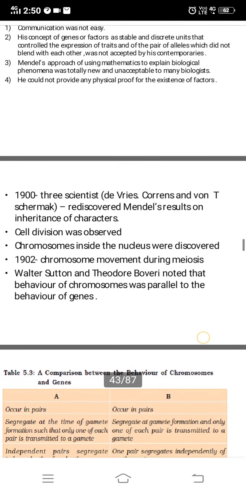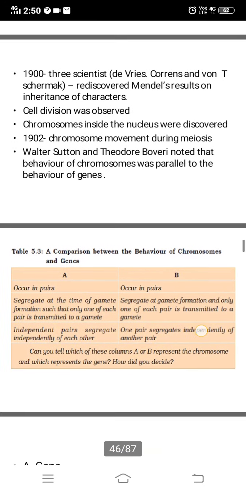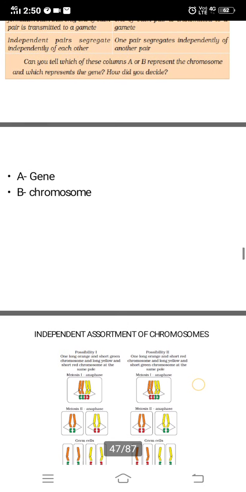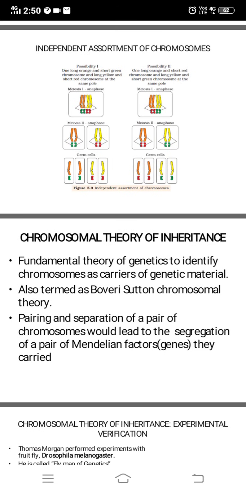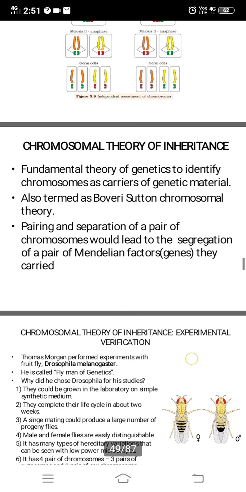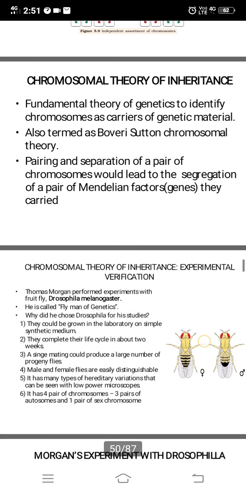Here it was explained that the chromosome is responsible for gamete formation. Not only are the genes segregating, but they segregate because the chromosomes are segregating. So the chromosome word arrived, because of the separation of chromosomes.